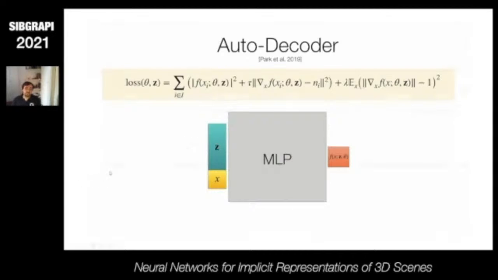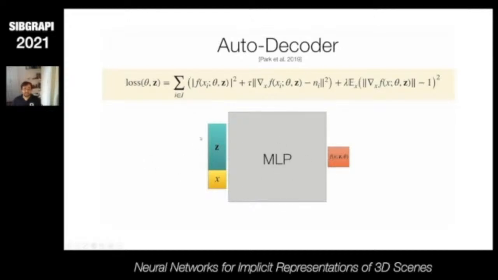Okay, so far we have talked about the representation of a single shape, but another exciting task is to learn a latent space of multiple shapes. To do that, the authors use an auto-decoder architecture suggested by Park et al.